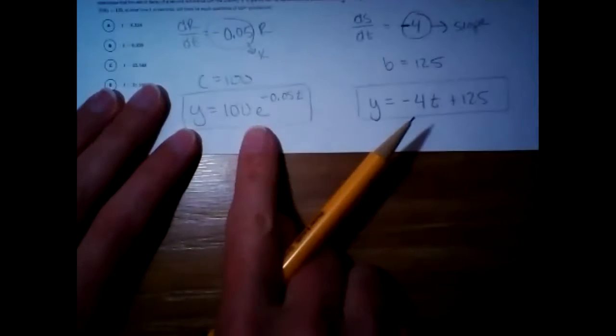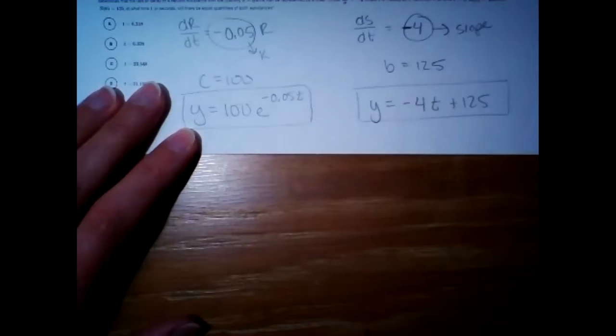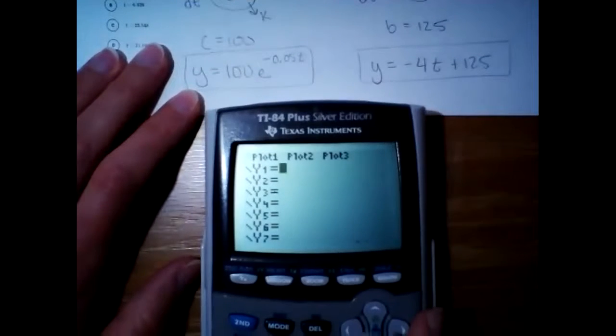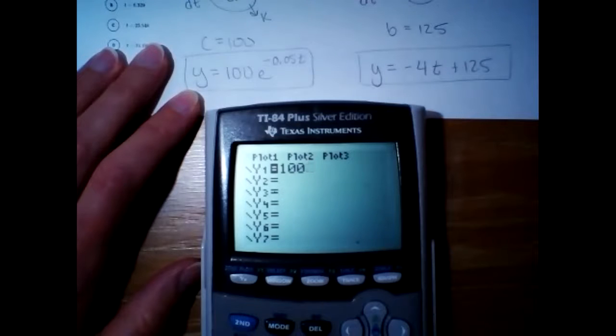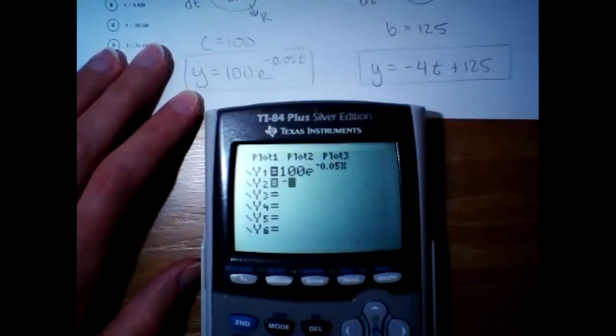All right, what that means is we want to set these equal to each other. So we are going to go to y equals, I'm trying to clear out everything about here. We're going to put one of them in y1 and one of them in y2, and we're going to see where they intersect.